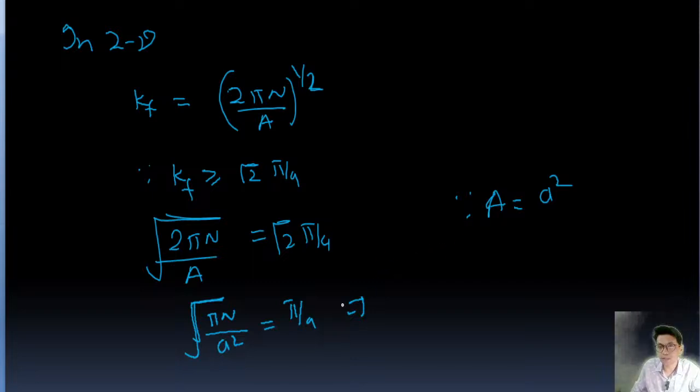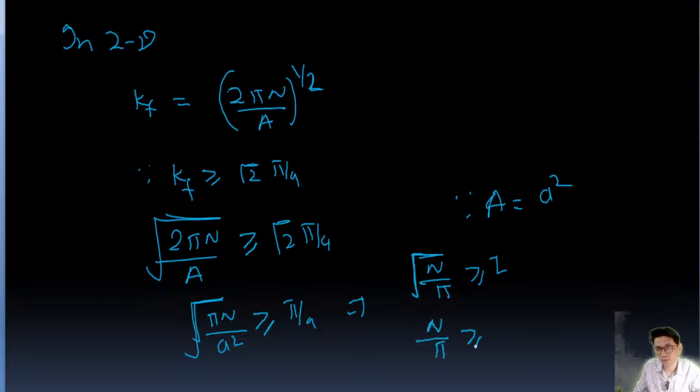Or we can write, π will get cancelled by this. So this value is going to be root(n/π) greater than or equal to 1. From here we'll remove the root. So n/π is greater than or equal to 1.